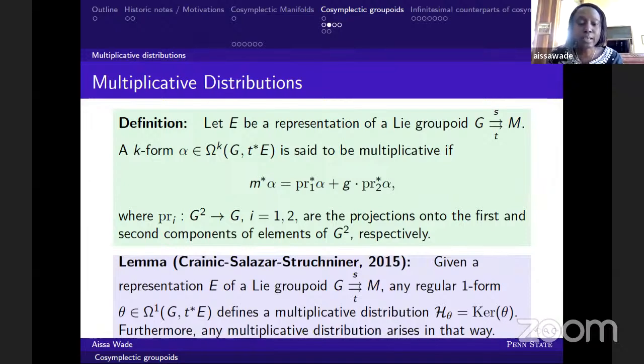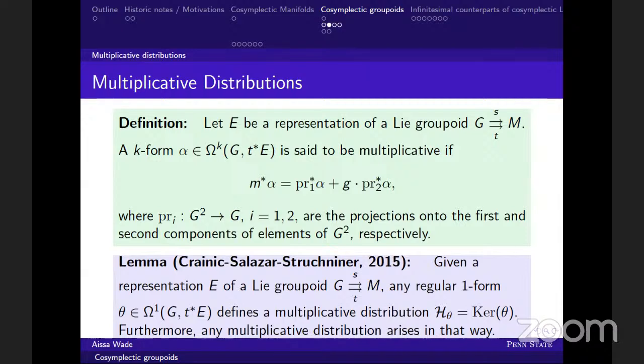Moreover, any multiplicative distribution arises in this way. So this characterizes completely multiplicative distributions.